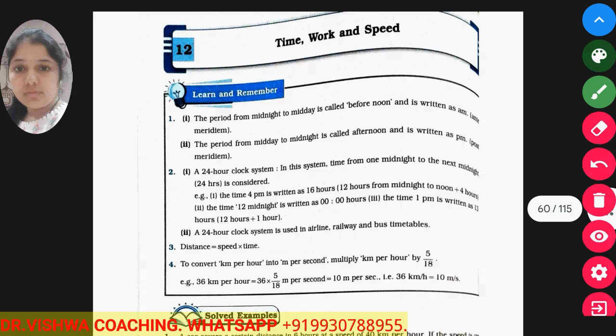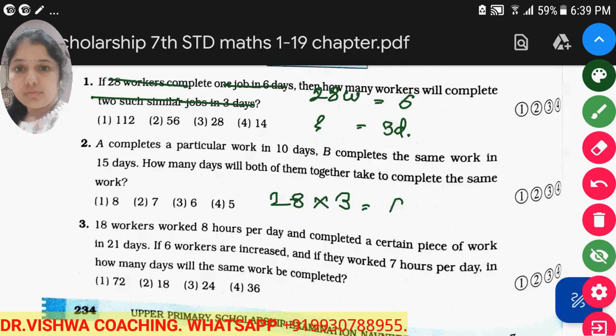Now use the formula. Okay, we are not doing cross multiplication here.